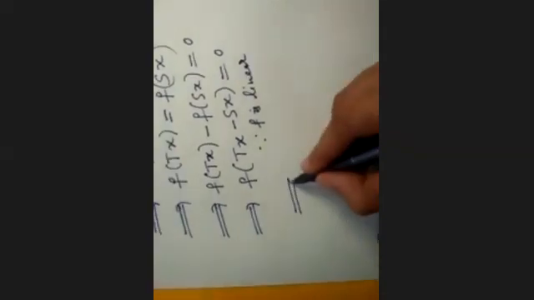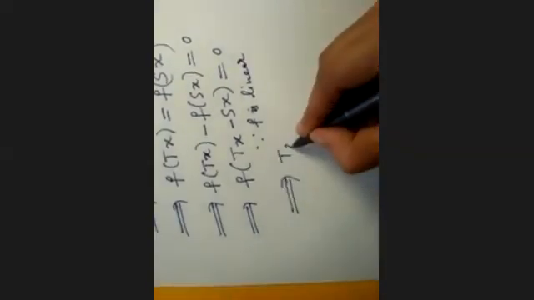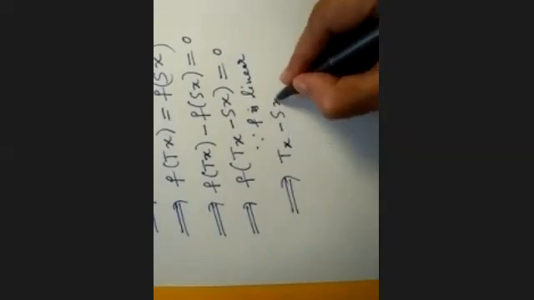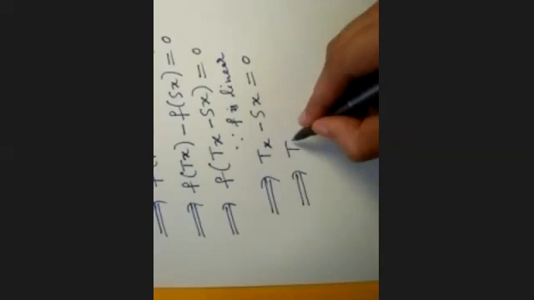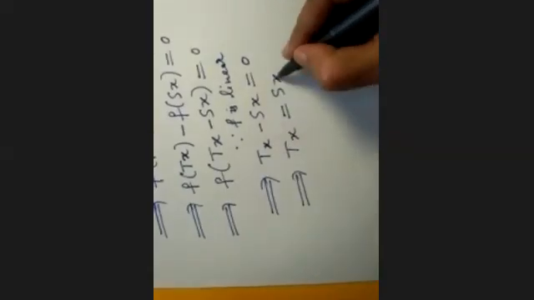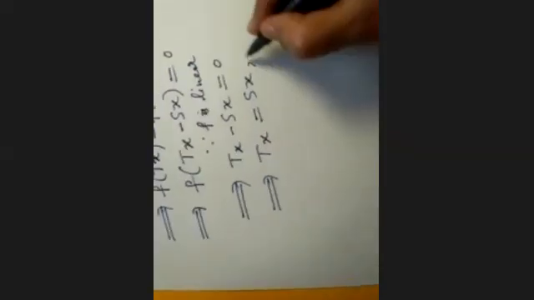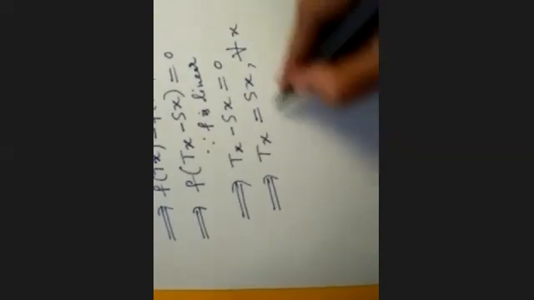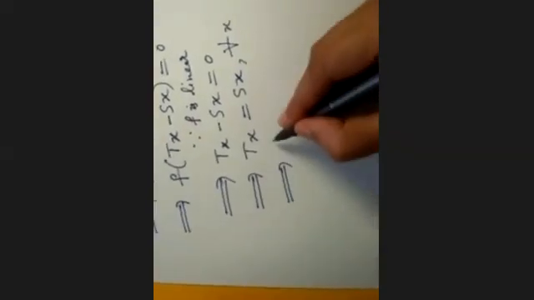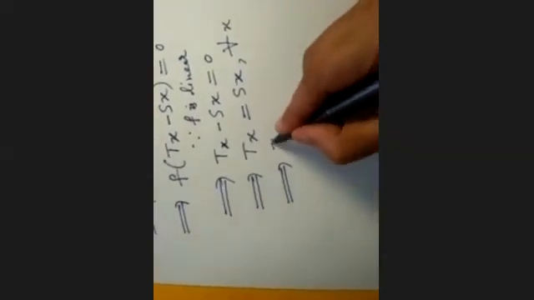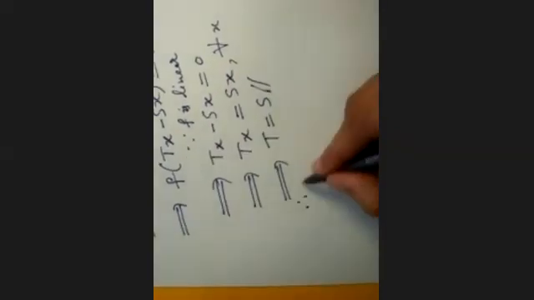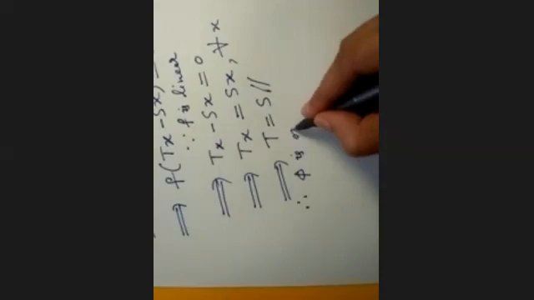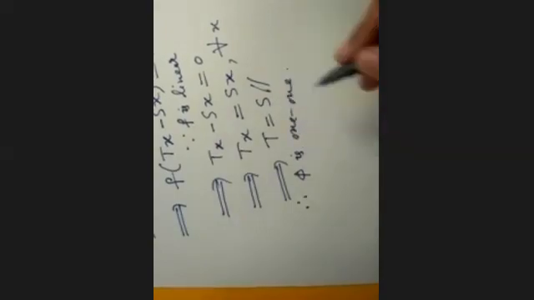This implies Tx equal to Sx. This is happening for all x. Therefore, T equals S. Conclusion, phi is one-one. We proved phi is linear, phi is one-one.